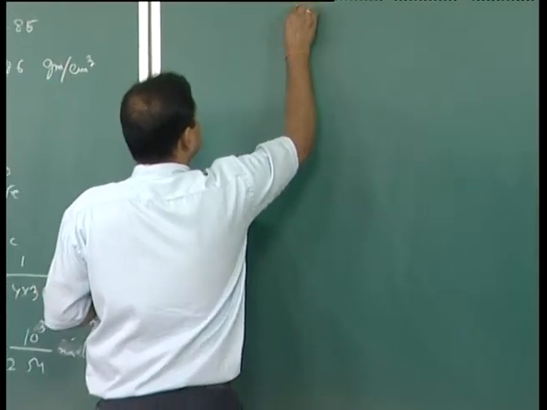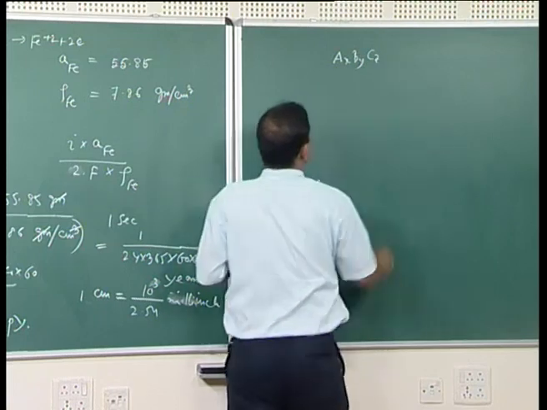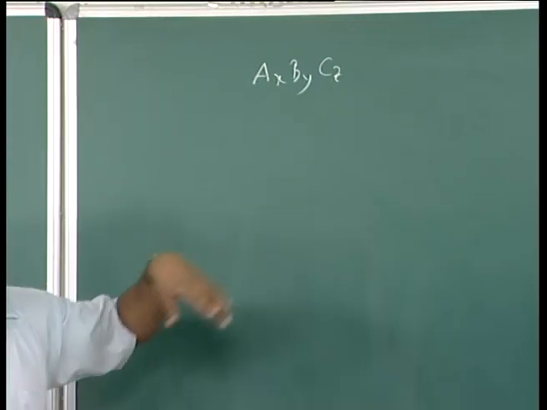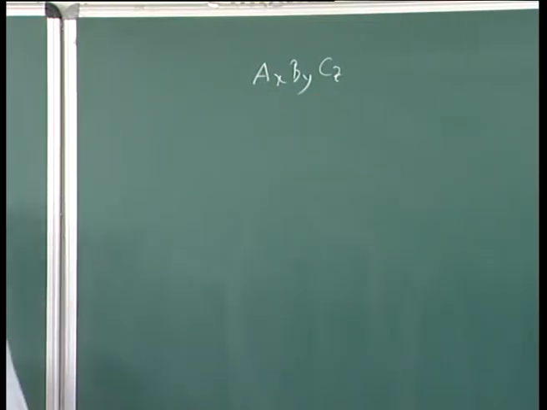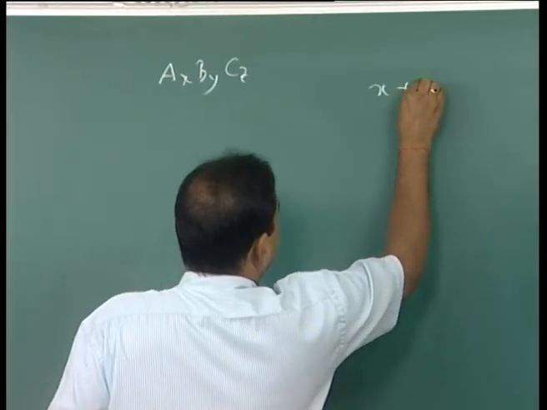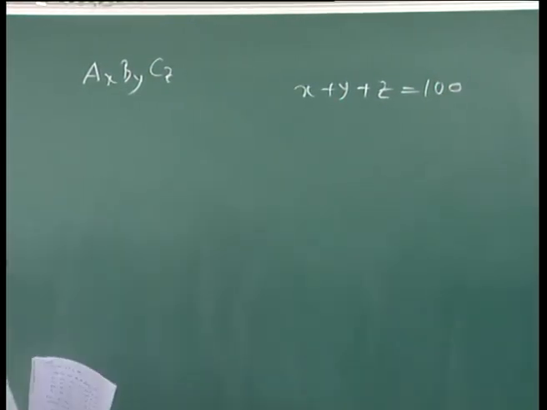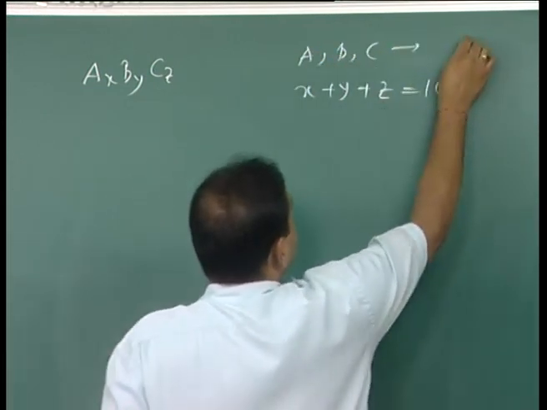Let us say this is my alloy, A X, B Y, C Z, where A, B, C are 3 different elements, and X, Y, Z are in weight percentage, so X plus Y plus Z equals 100.